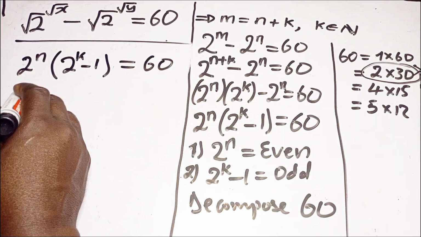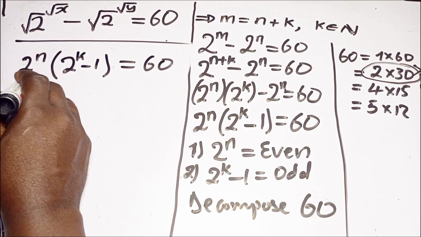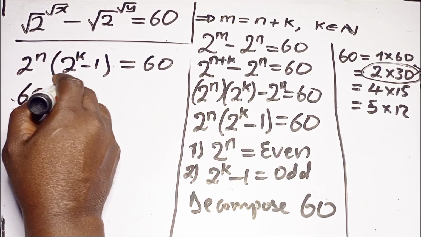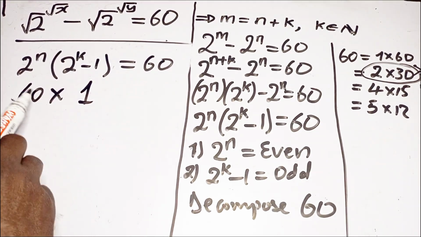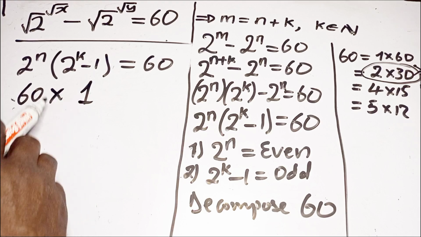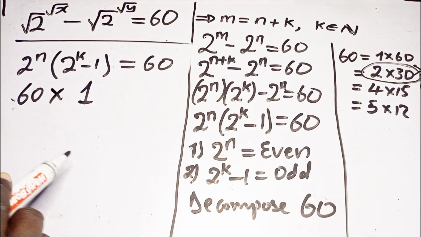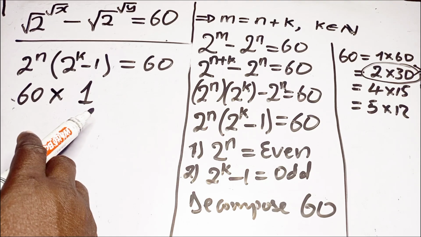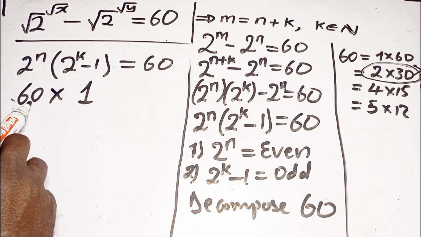This is supposed to be even, so 60, and this is supposed to be odd, 1. If we are taking this choice, 1 times 60 or 60 times 1, this is even, yes, 60 is even, this is odd, yes. Now, what are we then saying? We are therefore saying that 2 raised to the power n must be 60.